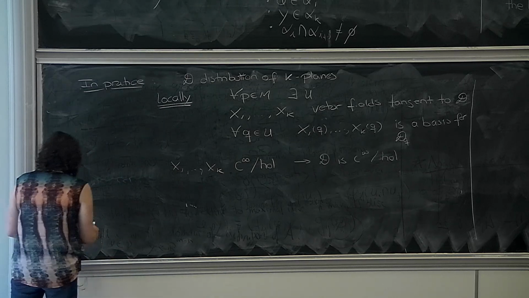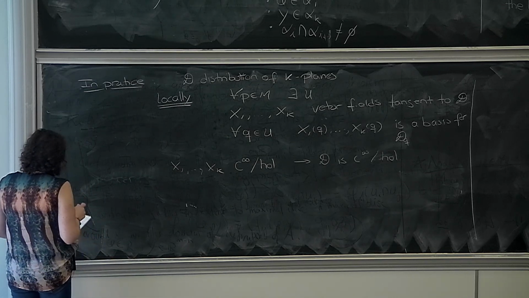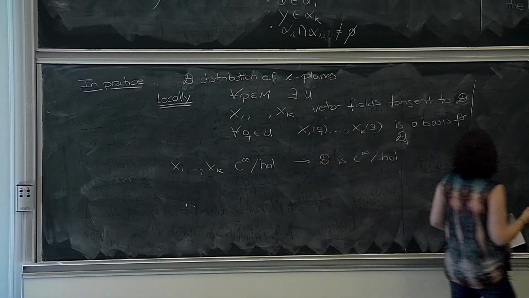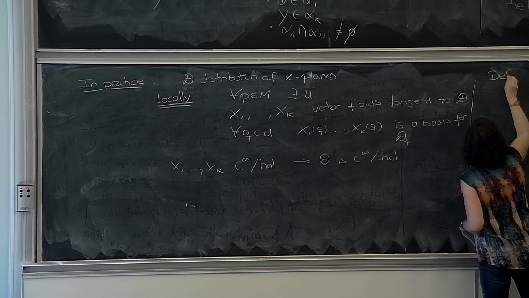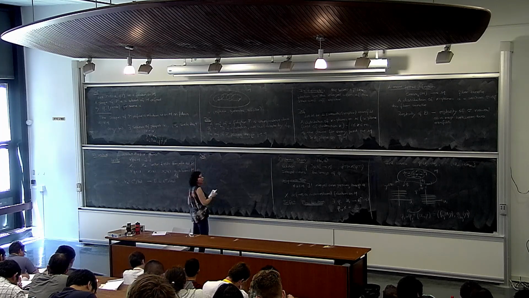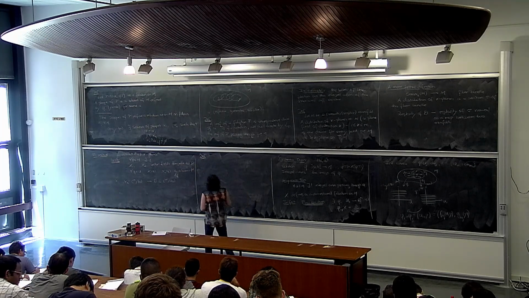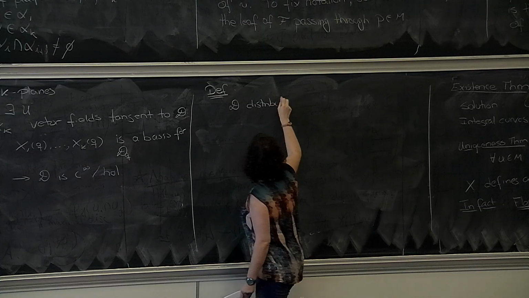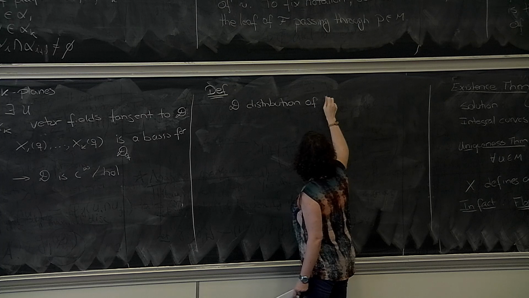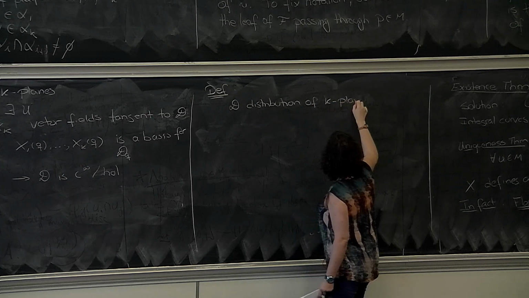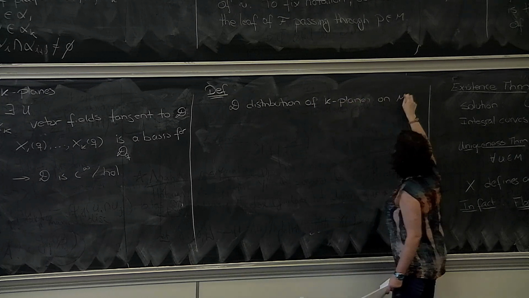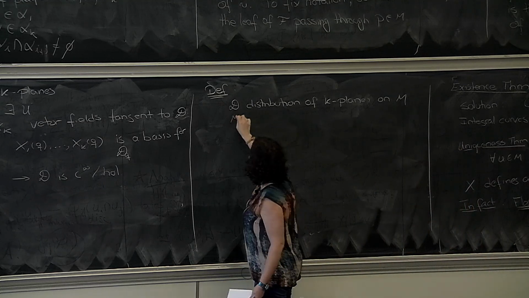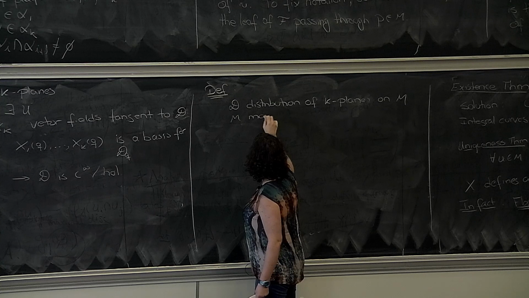Okay, so just a few notions more on the distribution before considering the higher dimensional foliations. So let us take a distribution of k-planes on M, where M is a complex manifold.